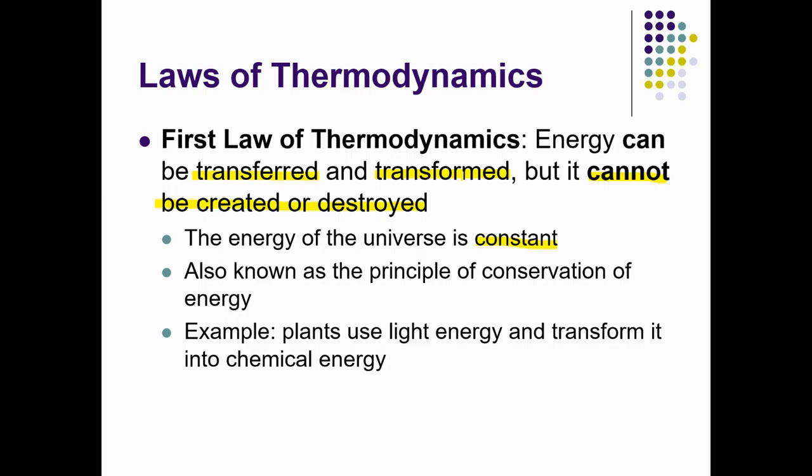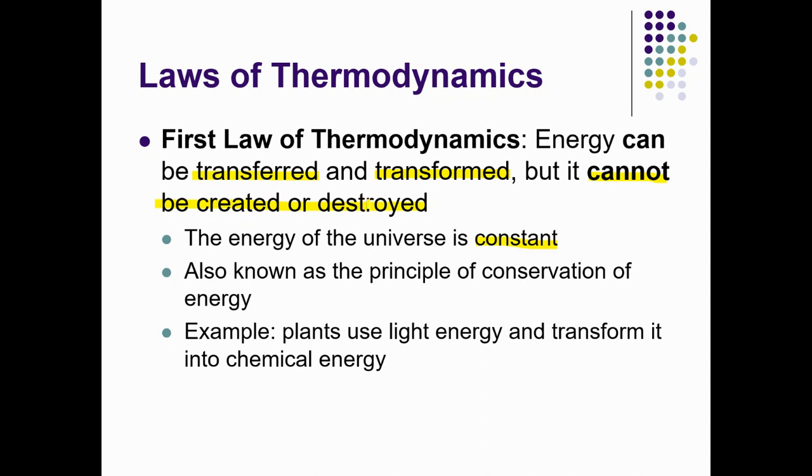Examples of the different forms of energy, I'm sure at some point you've learned about, are things like light energy, chemical energy, mechanical energy, hydroelectric energy, there are all different types. Essentially all we're saying here is that energy is just changed from one form to another, but we're never creating energy from nothing, and we're never destroying or getting rid of it.